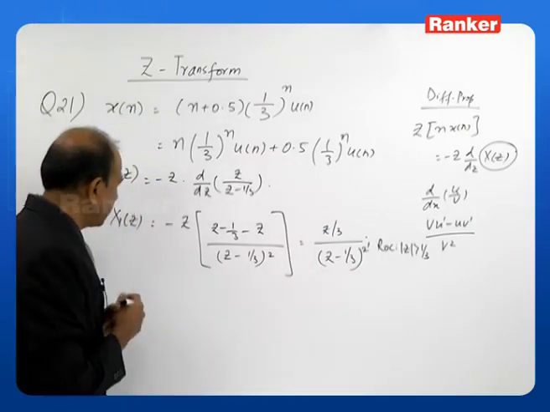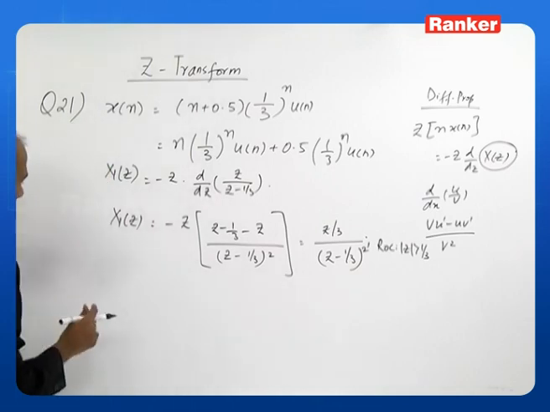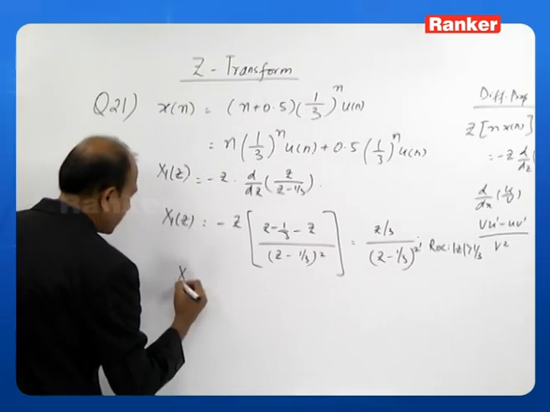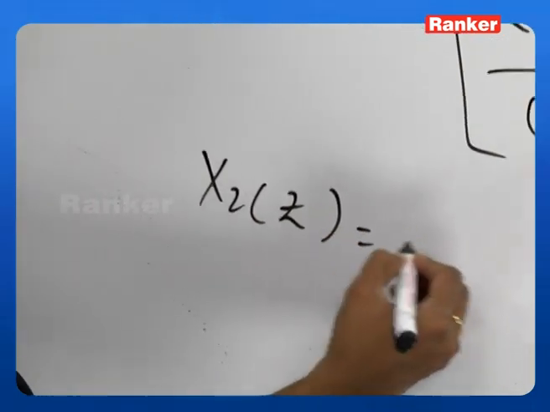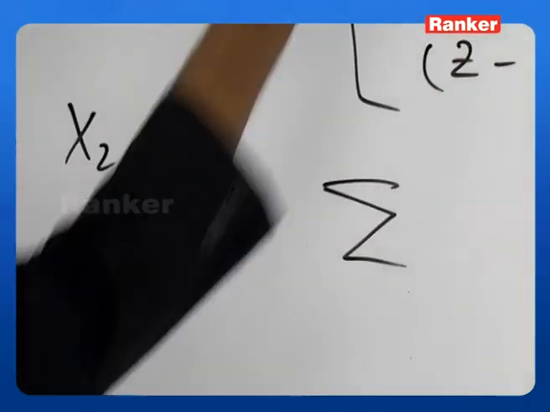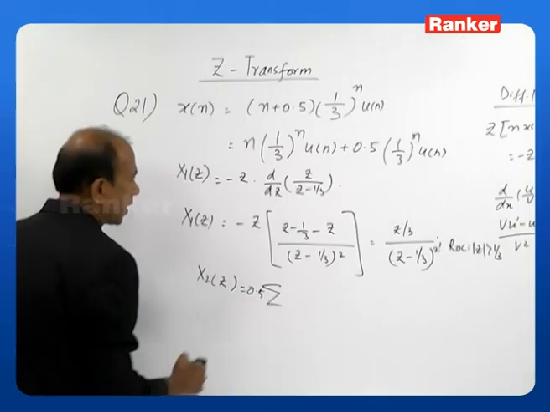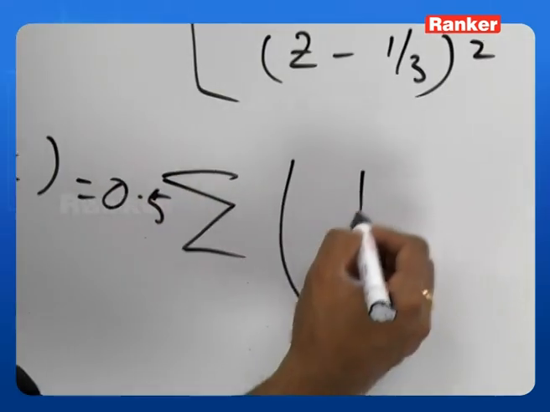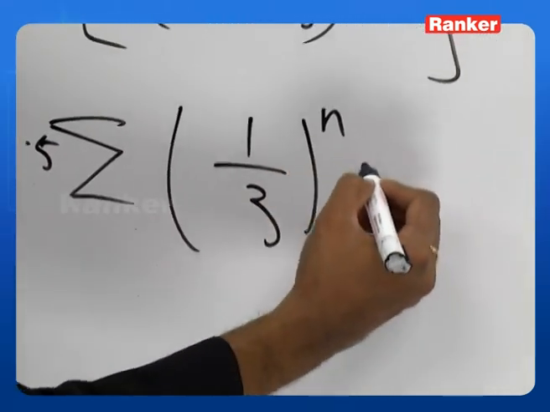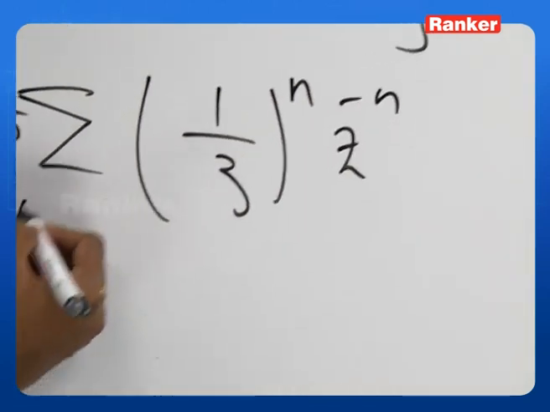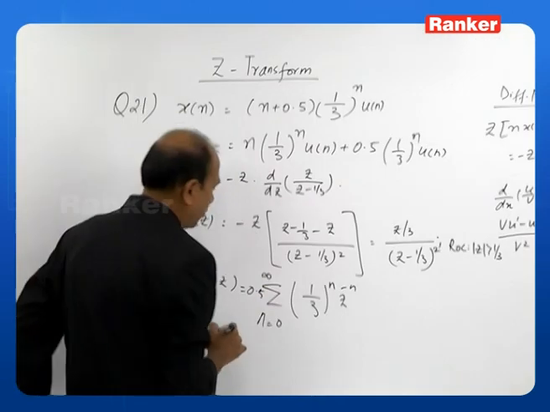So let us write down what is x2 of z here. So x2 of z can be written as summation, we will take this 0.5 outside, okay, (1 by 3) to the power n z to the power of minus n, summation from 0 to infinity.